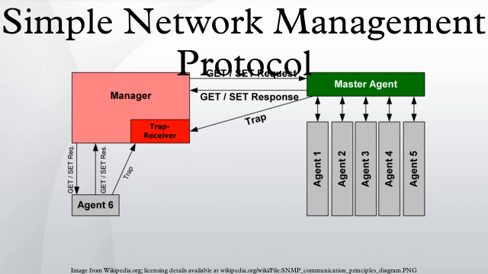RFC 5591, Transport Security Model for the Simple Network Management Protocol. RFC 5592, Secure Shell Transport Model for the Simple Network Management Protocol. RFC 5608, Remote Authentication Dial-In User Service Usage for Simple Network Management Protocol Transport Models. RFC 6353, Transport Layer Security Transport Model for the Simple Network Management Protocol.